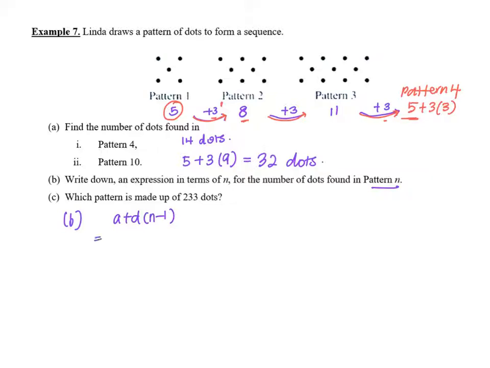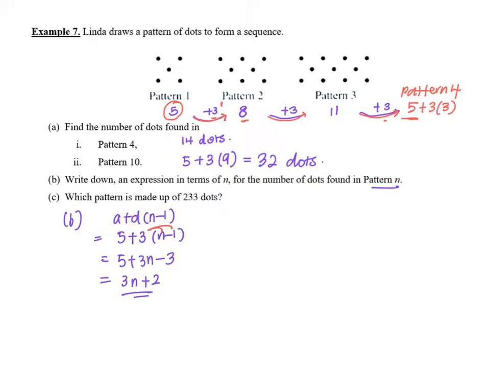That means my a is the first term, which is 5. I'm adding a difference of 3, and for pattern n, it will be n minus 1 times. Now, can we leave this as the final answer? No, we need to expand and simplify. After expansion, we will have 5 plus 3n minus 3, and that gives us 3n plus 2.